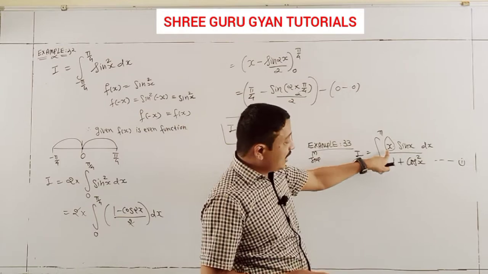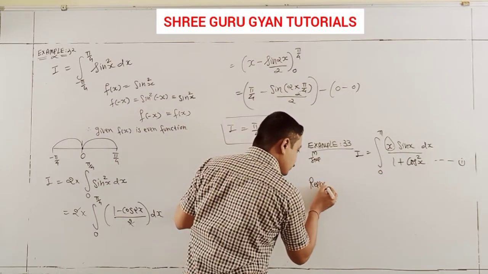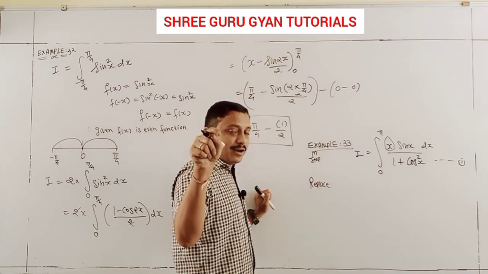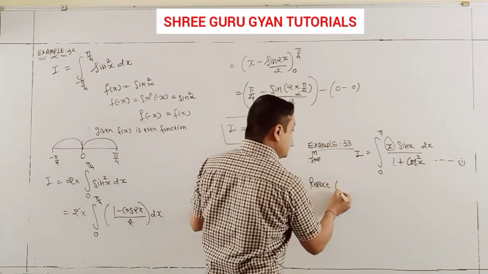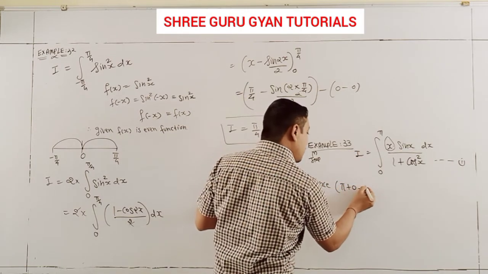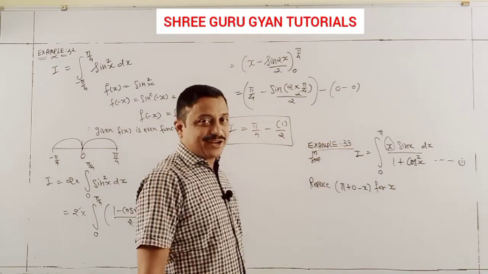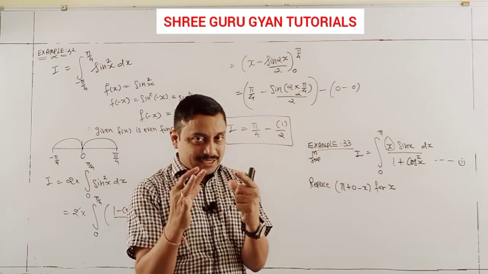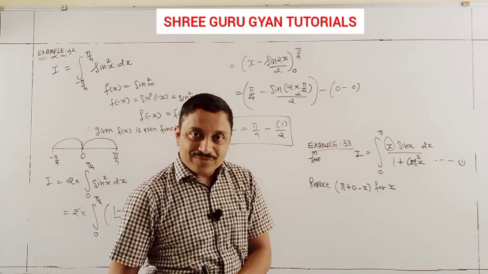So to remove this x, I just replace, using theorem number 4, upper limit plus lower limit minus x for x. Again repeat, upper plus lower limit minus x. If you replace x, you apply your theorem number 4, or 5.